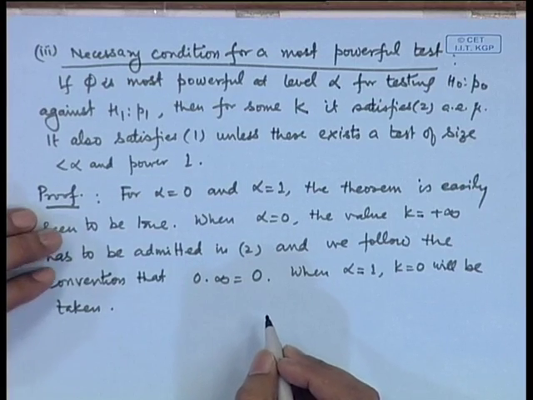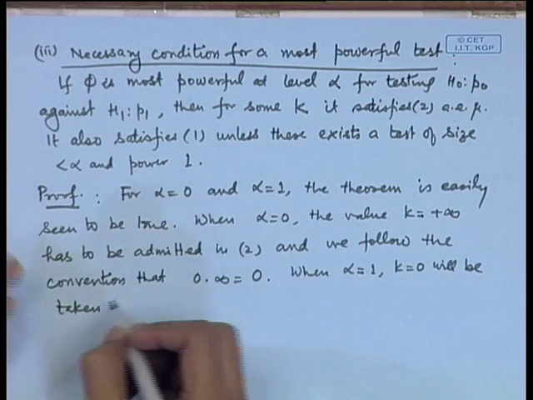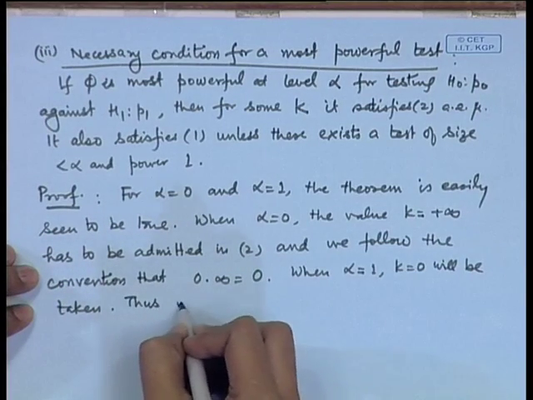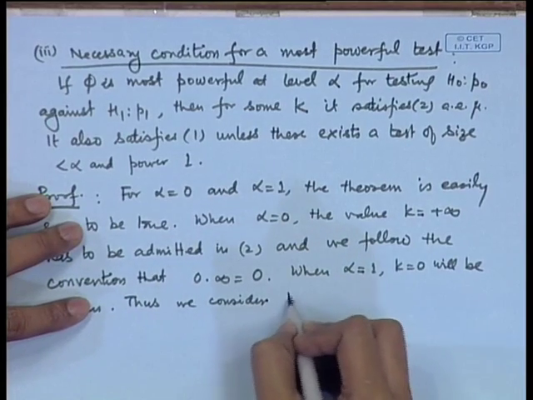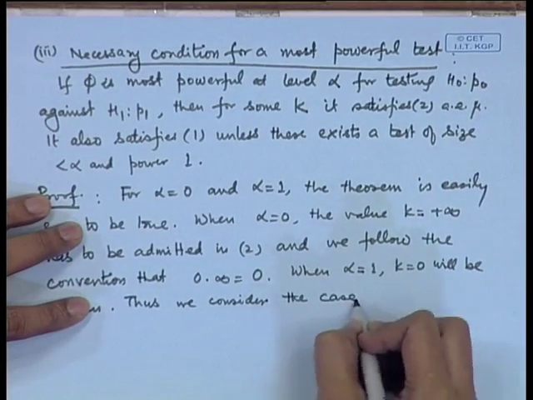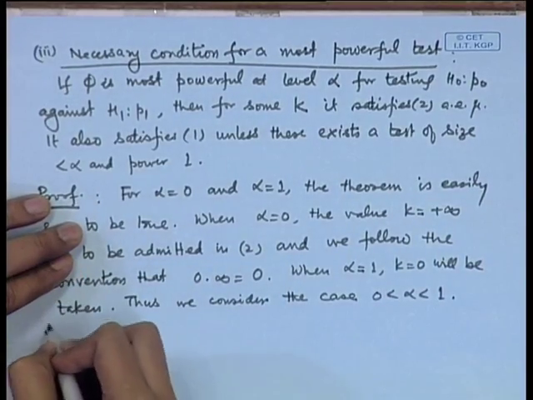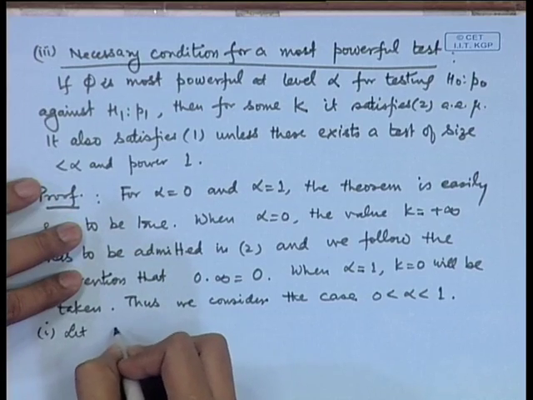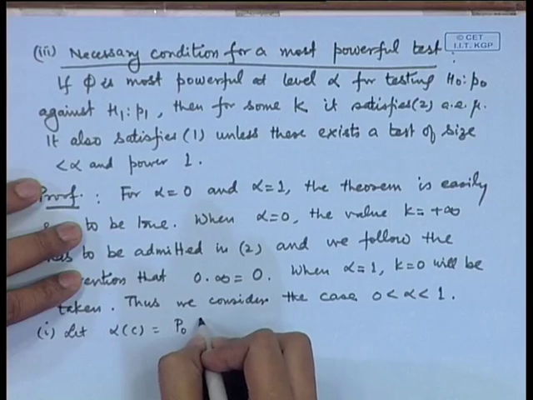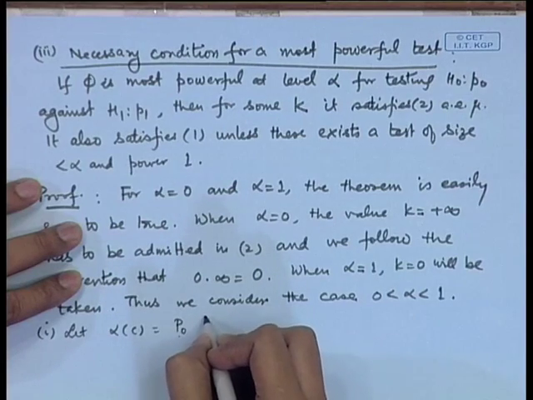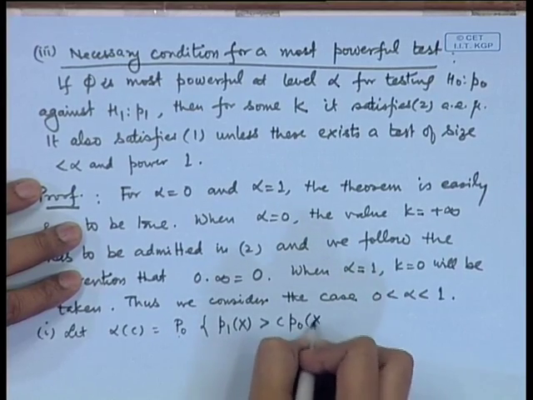Now, let us look at the conventional cases. Let us define a function alpha c equal to p naught, that is the probability under H naught, of p 1 x greater than c p naught x.